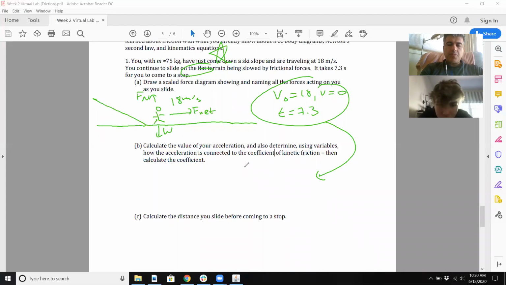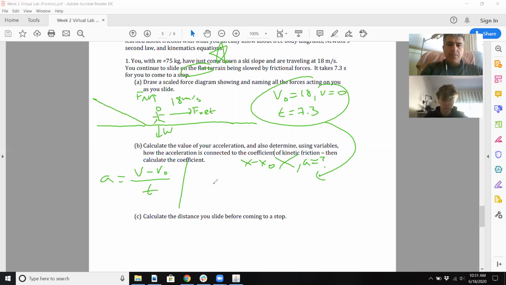So what you want to do is use this. We don't care for that, that's irrelevant. But A we don't know. So remember what A equals. Then also keep in mind that you are coming to a stop.